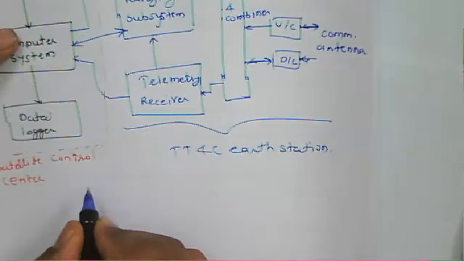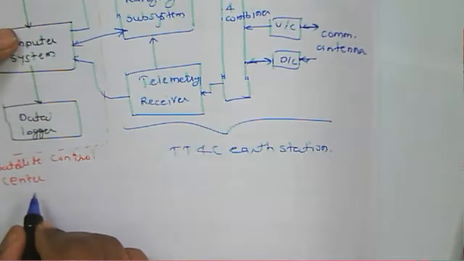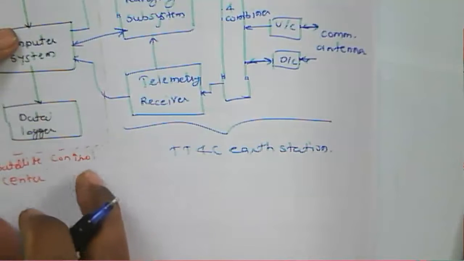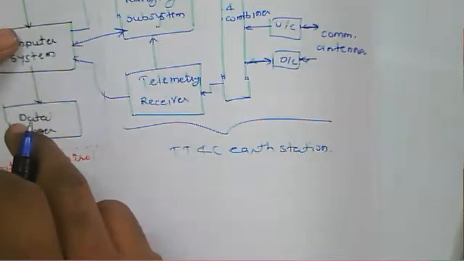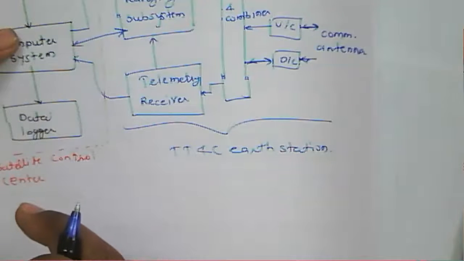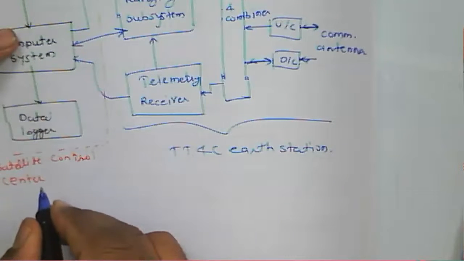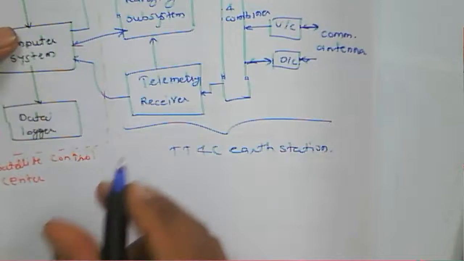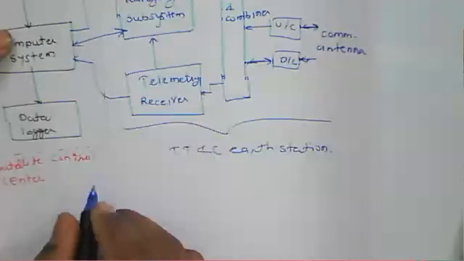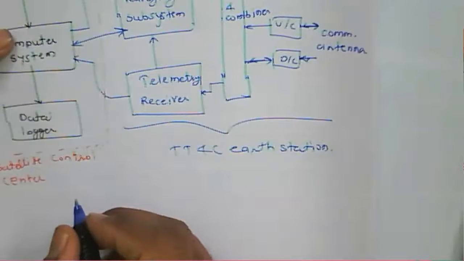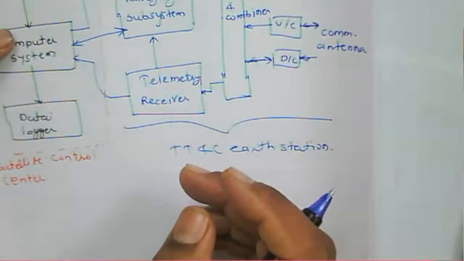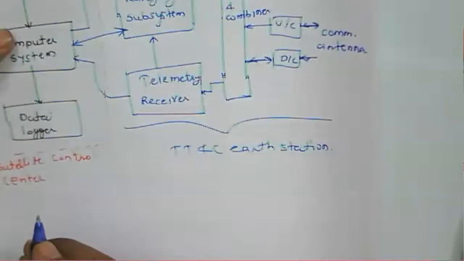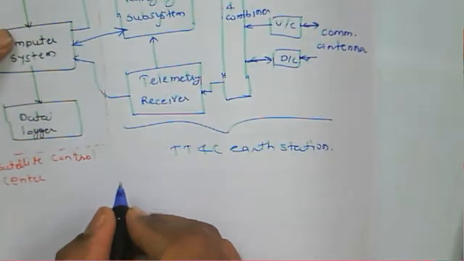Now here we have a satellite control center. The satellite needs support from this mission control facility at the time of the launching stage, or pre-orbit stage, initial phase, payload checkout phase, normal operation phase, and the end life phase.